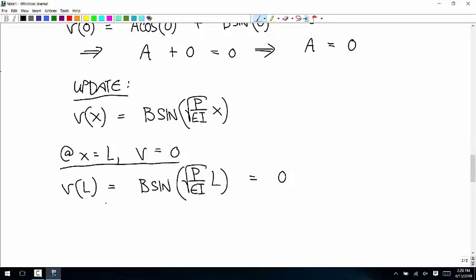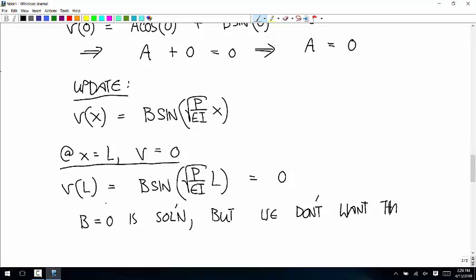Well, one solution to this is b equals 0. But we don't want that one. That's a trivial solution. That's the one that just says if the beam is straight up and the force is applied, it's an equilibrium. If the beam doesn't have any deflection anywhere, it's an equilibrium. We know that's true, but that's not what happens in buckling.